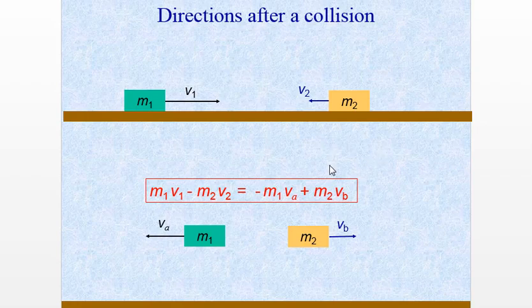If we solve the conservation of momentum equation for vB and get a negative answer, it will mean that m2 was still moving to the left after the collision or crash. As long as we interpret our answer correctly, it doesn't matter how the velocity vectors are drawn.